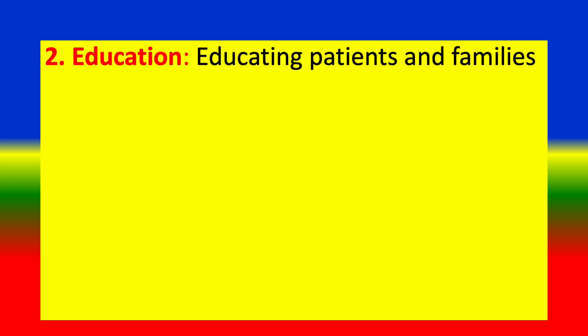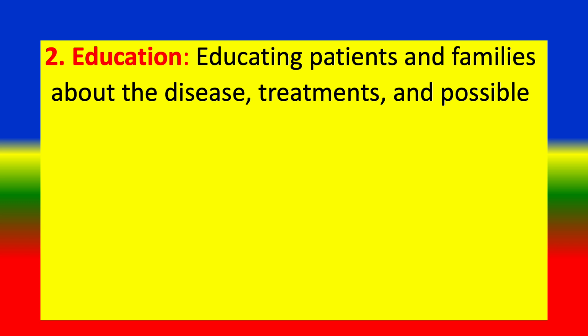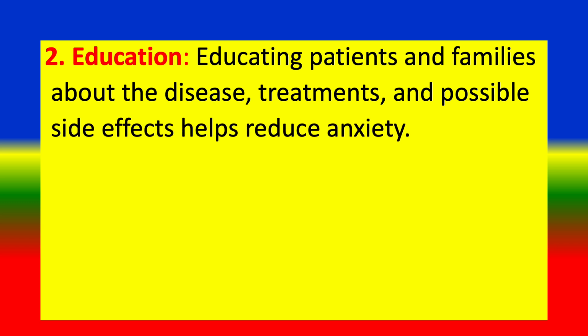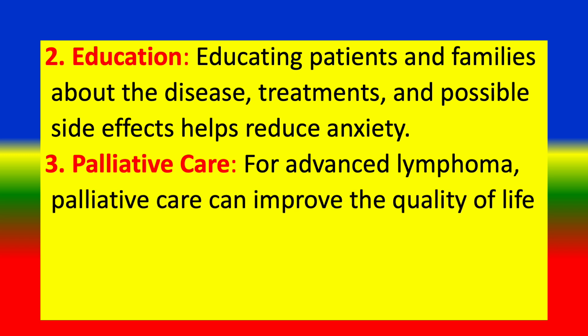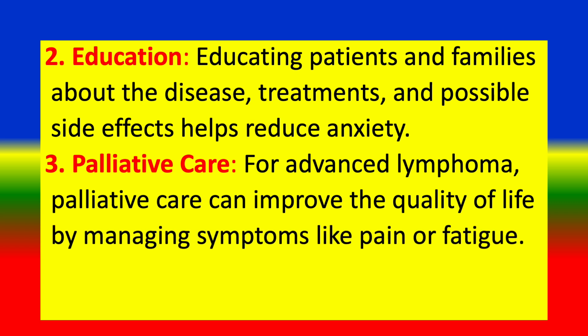Educating patients and families about the disease, treatments, and possible side effects helps reduce anxiety. 3. Palliative care. For advanced lymphoma, palliative care can improve the quality of life by managing symptoms like pain or fatigue.